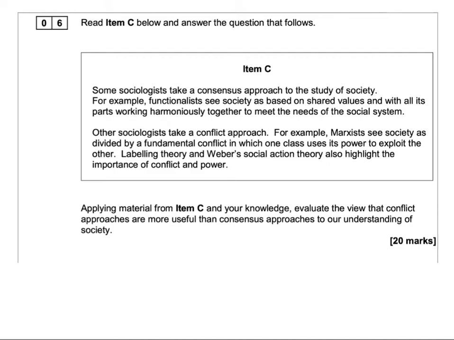Please note that as with the 10-mark theory and methods question, this question is asking about the usefulness of an approach in general terms, meaning that you can refer to your general knowledge of the theory as well as making specific applications to topic areas such as families, education and crime. You might also have noted that this is a 20-mark question, hence it requires an essay response, meaning that you need to look at the view in the question and the support for that, but also the counter view.